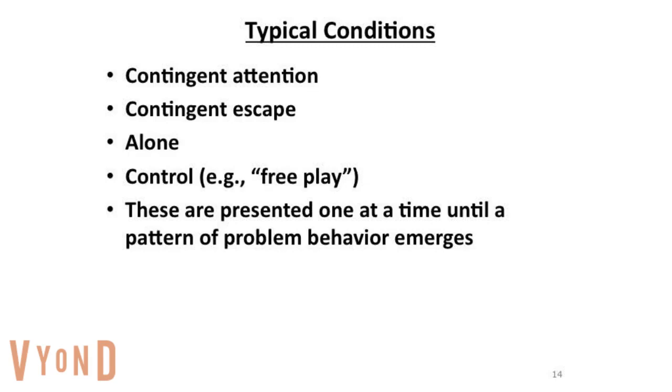The alone condition is there's no demands placed, there's no stimuli, and they're just observed. And that would confirm the hypothesis for automatic reinforcement. And then there's the control group or condition, and basically they have access to all of the toys in the room and your attention, and they're all presented one at a time. And when you see the behavior increase, that confirms that that condition is the function of that behavior.